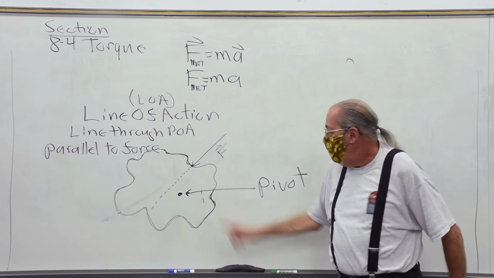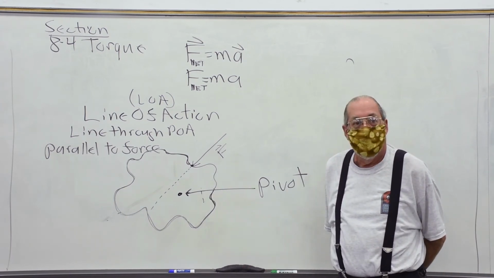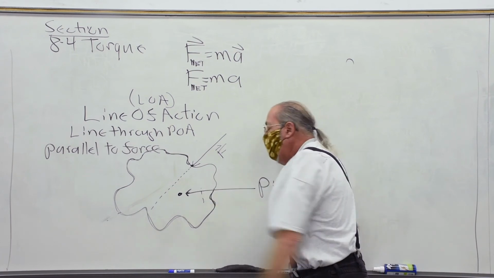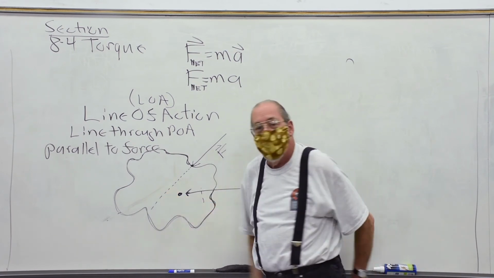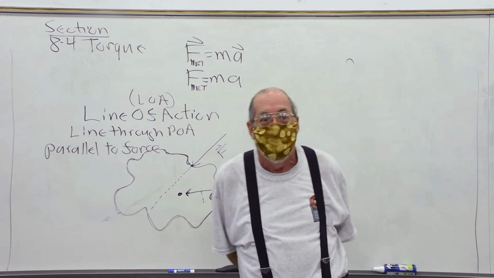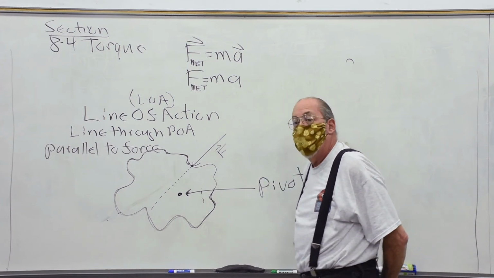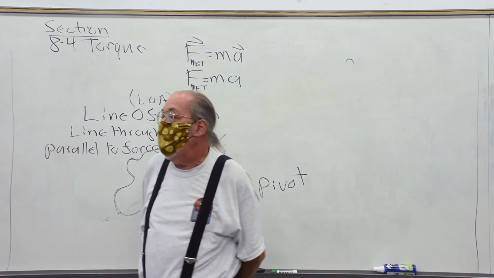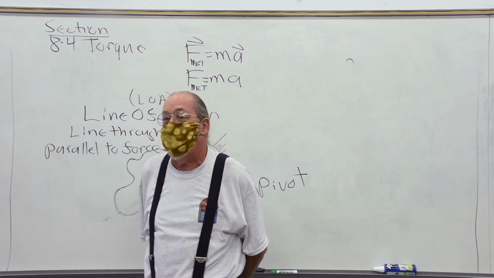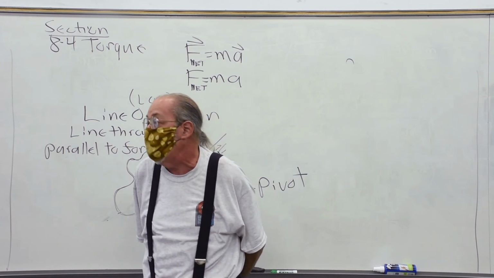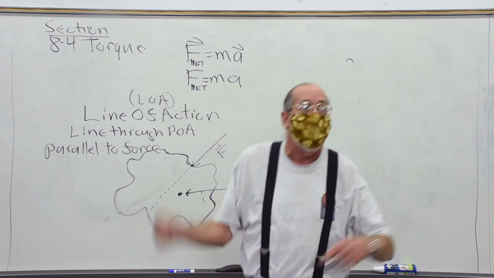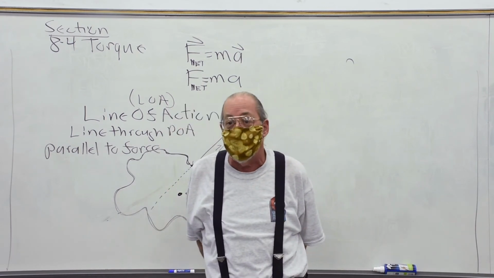Sure. Right now, which way is it going to rotate? Counterclockwise. What if I move the pivot right along the line of action? No. So the torque depends on where the pivot is, it depends on the line of action of the force, and it depends on how strong the force is too. Obviously, if I increase the force, I increase the torque.